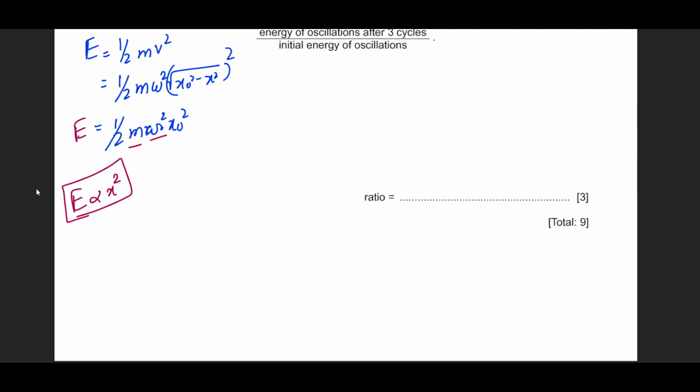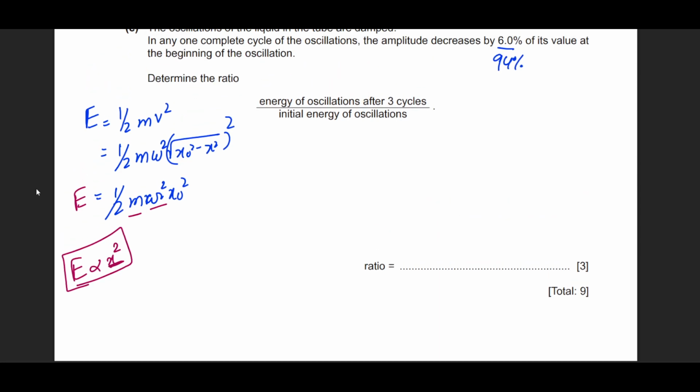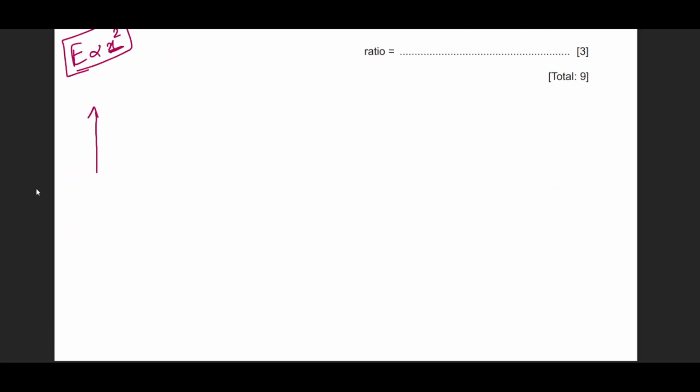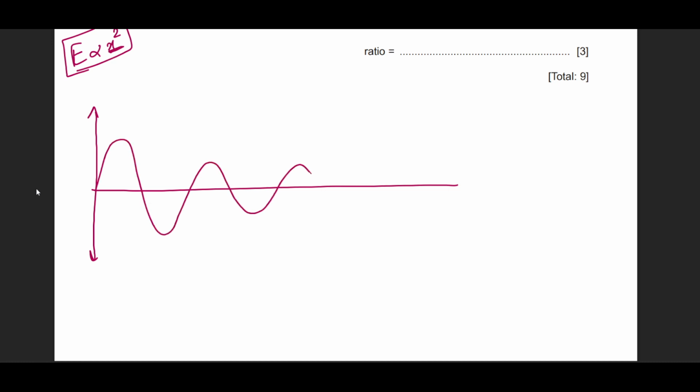Okay, so first we need to find out the amplitude or the displacement, then we can find out the ratio of energy at least. So the initial energy, let's take that initial energy as x naught squared. This was what it had at the beginning, and we're going to find the amplitude in terms of x naught as the current situation. So what's actually happening? Let's say you started off with 100% amplitude. This is the amplitude, right?